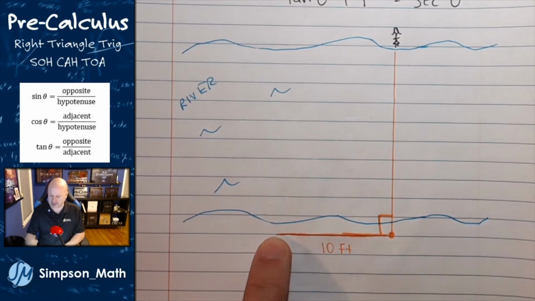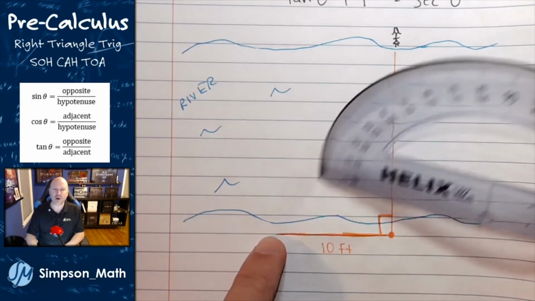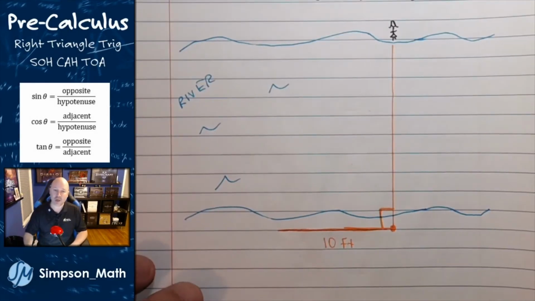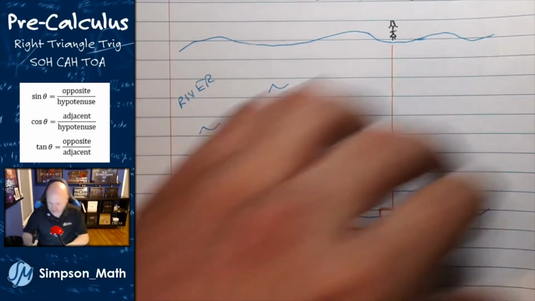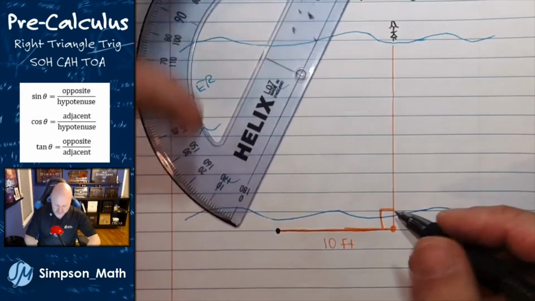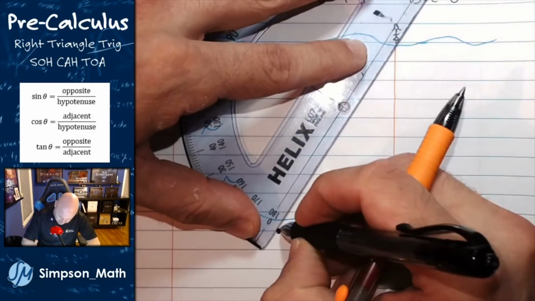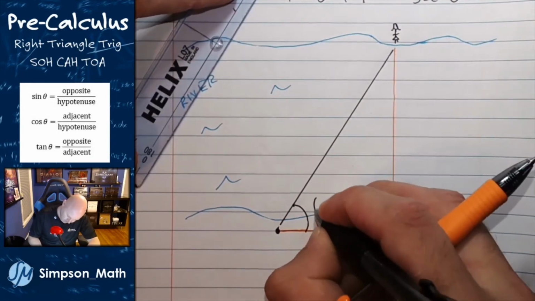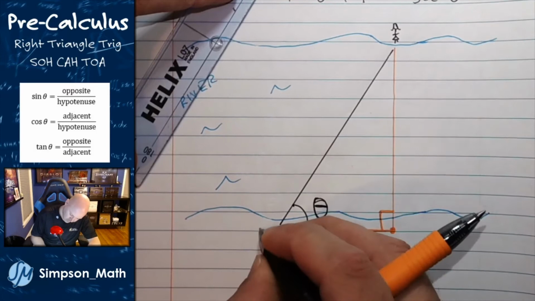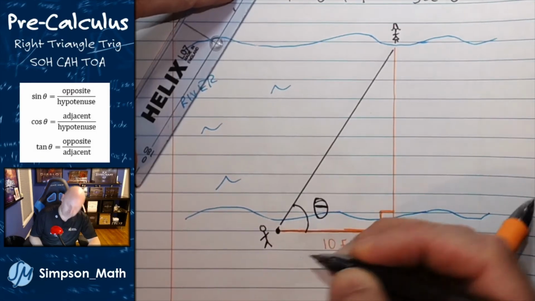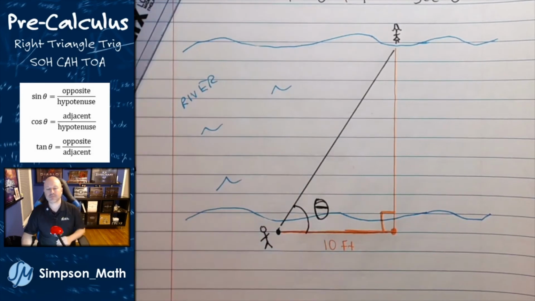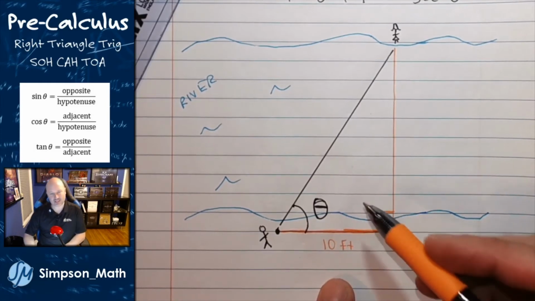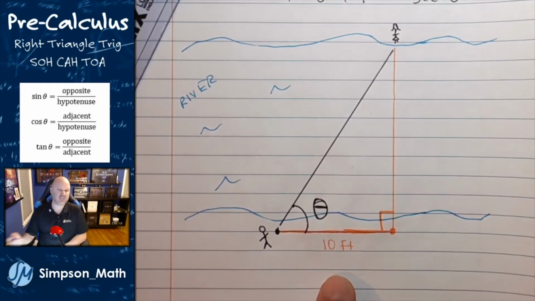You measure off 10 feet, and then you look at the angle you are away from your friend, and you've got some handy-dandy protractor, so you're able to measure this angle. So you're forming a right triangle. And your protractor tells you that this kind of looks like maybe 62 degrees.